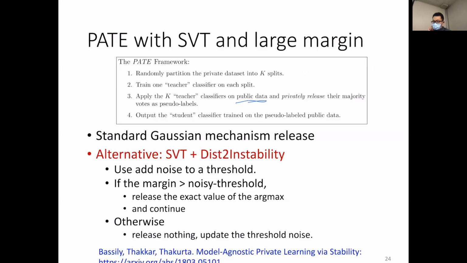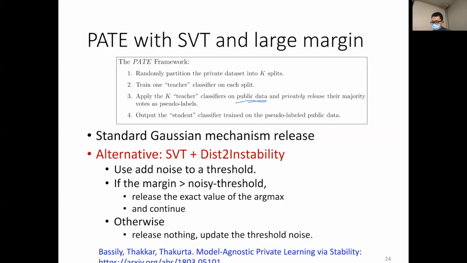The standard Gaussian mechanism works, but it doesn't scale very well with the number of data points that you need to label. The more data points you need to label, the larger the amount of noise you need to add for each data point, and then you are getting a substantially less accurate answer for every data point.